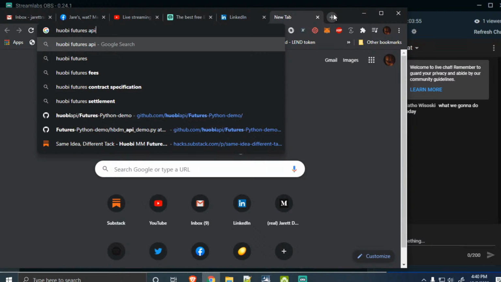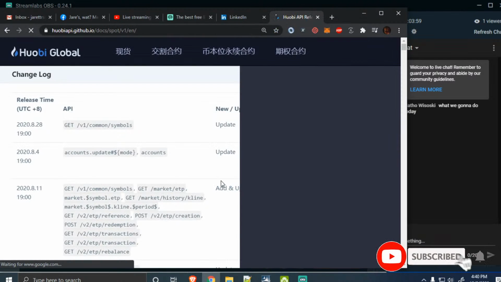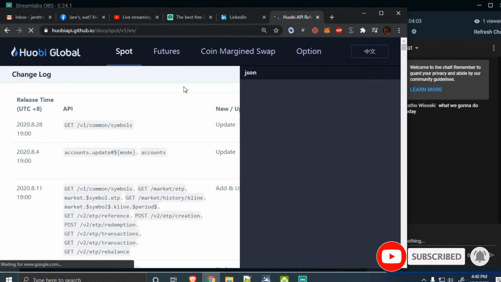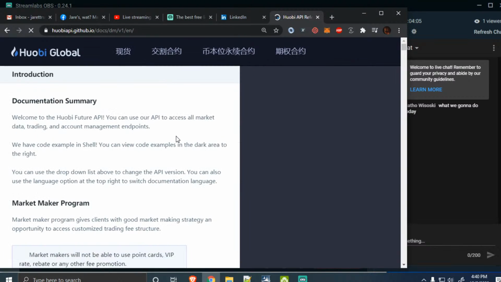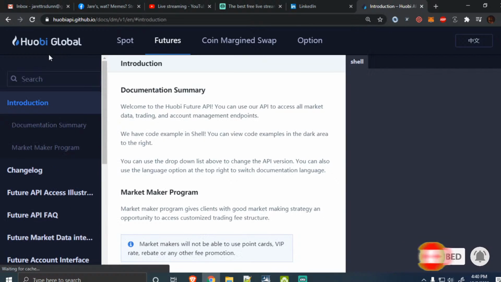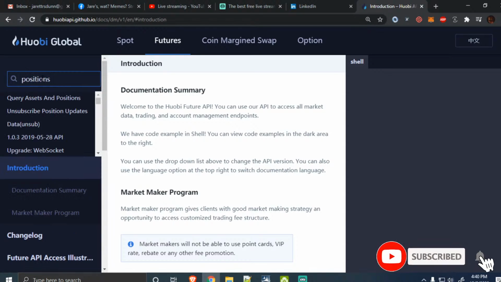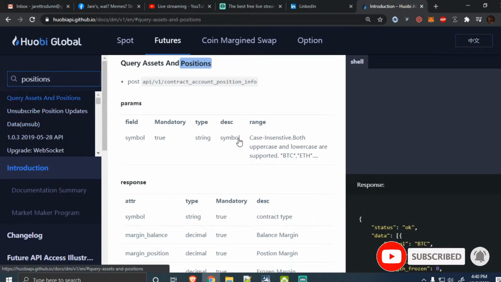Huobi futures API. Cat, I need you to not do that. Huobi futures API. And I can't see this while I'm looking at chat. What I really want to know is positions. Query assets and positions.